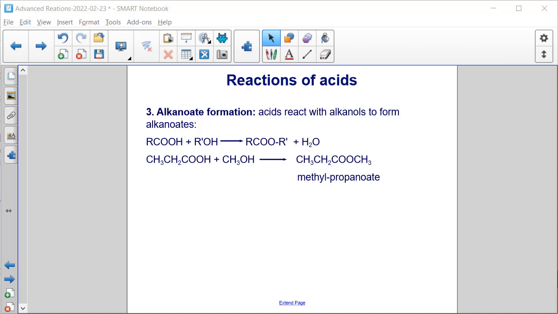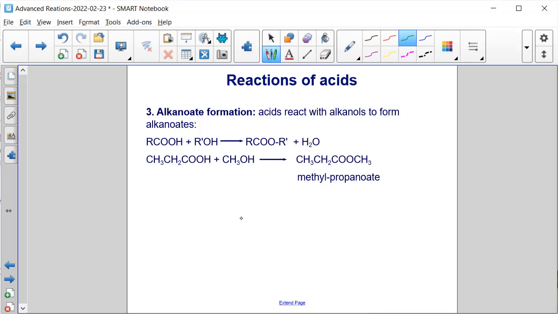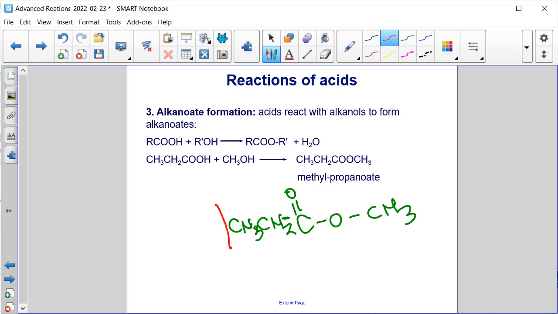I think I've talked before about the naming of these, but just as a reminder, the structure looks like this. Let me draw it for you. This is a single bond. So this is our parent, right? And what happens is whatever is bonded to the oxygen on the other side, we consider a substituent.